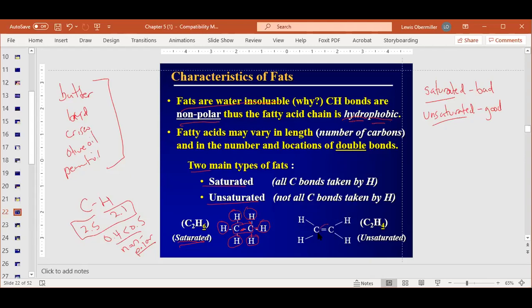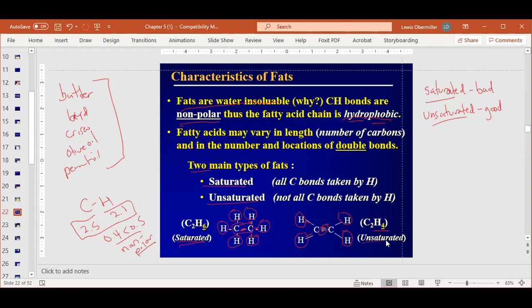This one has a double bond in it. And because carbon can only form 4 bonds, we've got 1, 2, 3, 4. That means it has fewer hydrogens than the maximum, because if this was a single bond, it would have 6. But this one only has 4 because of that double bond.